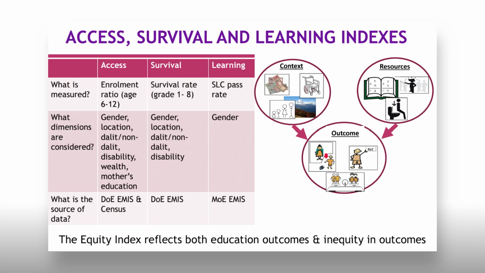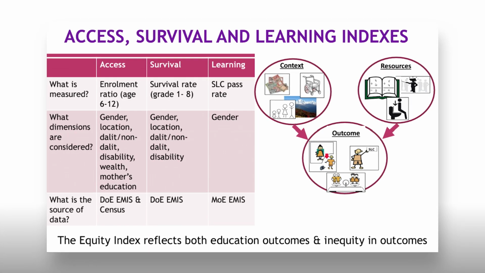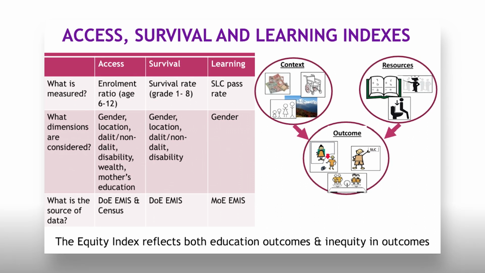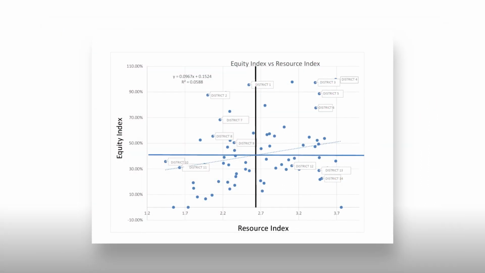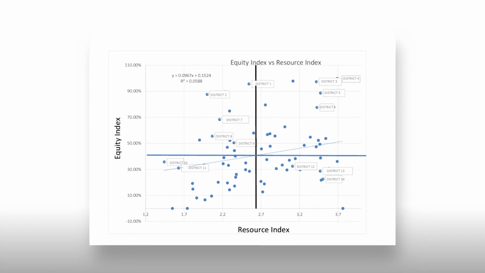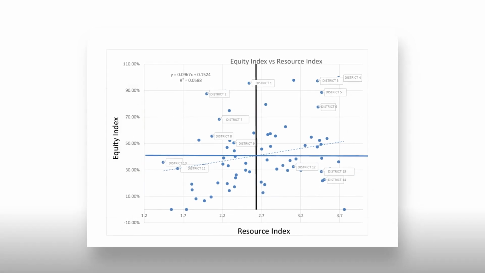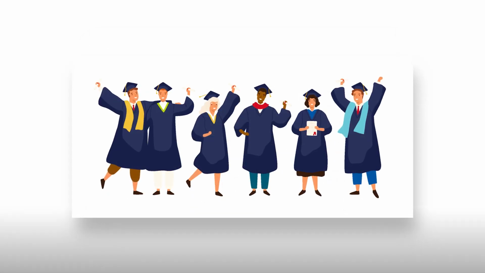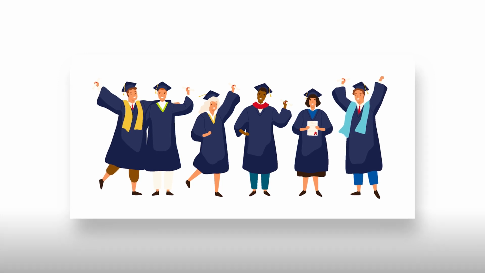First, context: a learner's household income, family size, or whether they had a disability. Second, resources: materials, teachers, and infrastructure. Third, outcomes: obtaining the school learning certificate or equity in outcomes by gender.